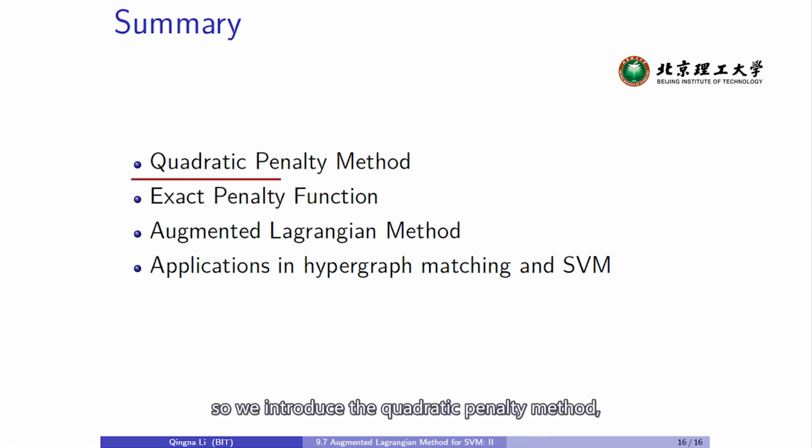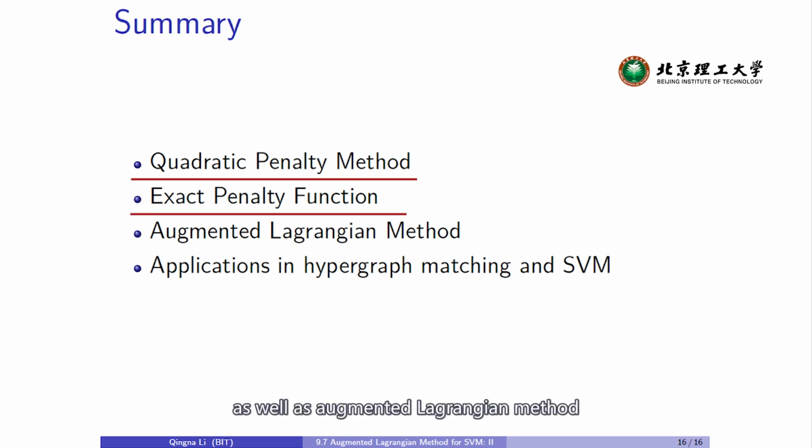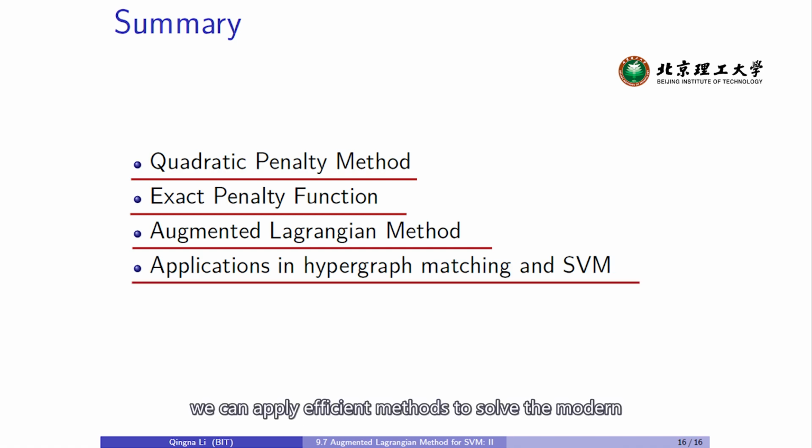We introduced the quadratic penalty method, the exact penalty method, as well as the augmented Lagrange method to solve constrained optimization problems. We also presented two examples to show how we can apply efficient methods to solve modern optimization problems.